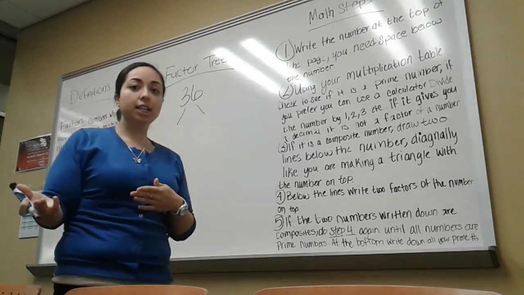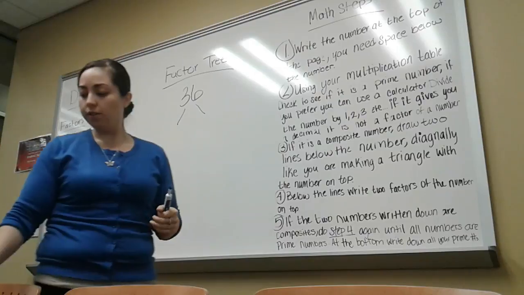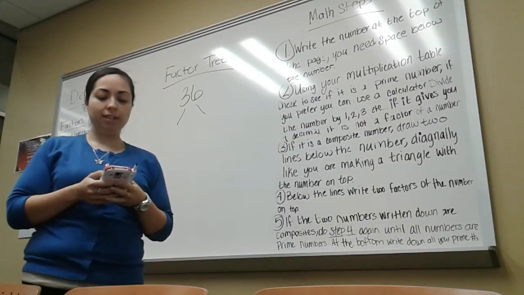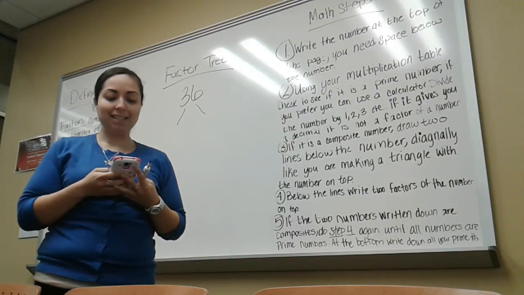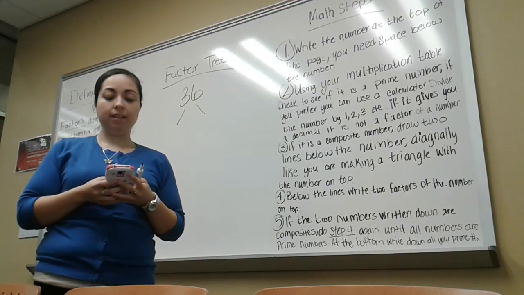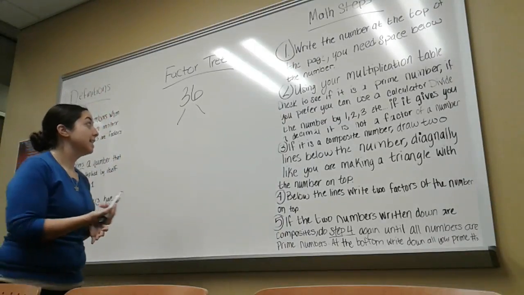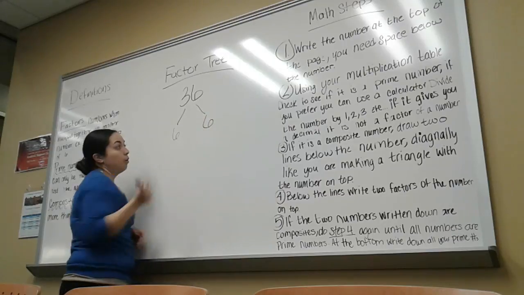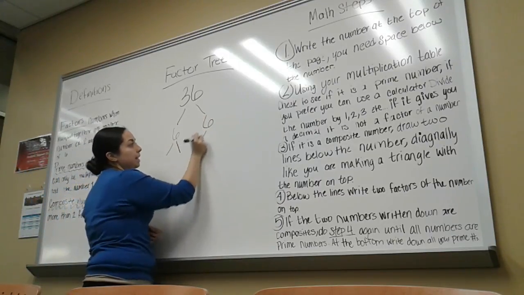You can look at your multiplication table, or use your calculator. I'm going to use my calculator, and you can use any number. 36 divided by 5? No, that gave me a decimal, so we're not going to use that. What about 36 divided by 6? It gave me a whole number: 36 divided by 6 is 6. So we write those down. What about the factors for these?